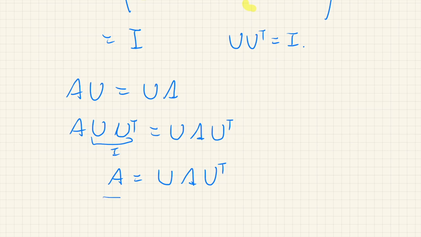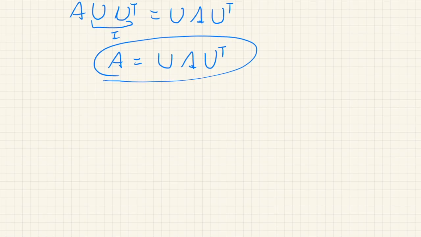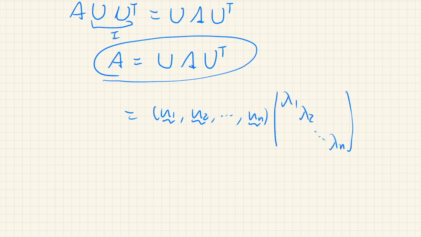And another way to look at this equation is the following. So let's write U more explicitly: u1, u2, and so on, un, and the diagonal elements lambda 1, lambda 2, lambda n, and the transpose of U: u1 transpose, u2 transpose, and un transpose.